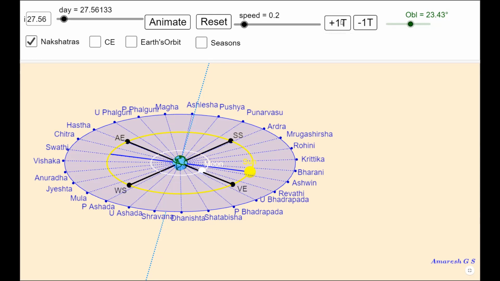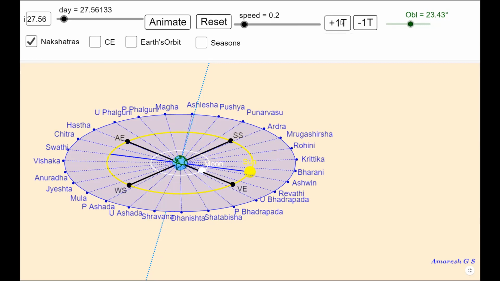And notice the moon is back into the same nakshatra of Uttara Bhadrapada. So from Uttara Bhadrapada back to Uttara Bhadrapada, making that complete circle with respect to the background reference frame of these stars, nakshatra, is that sidereal lunar month.